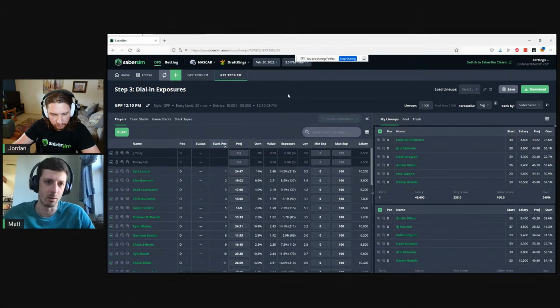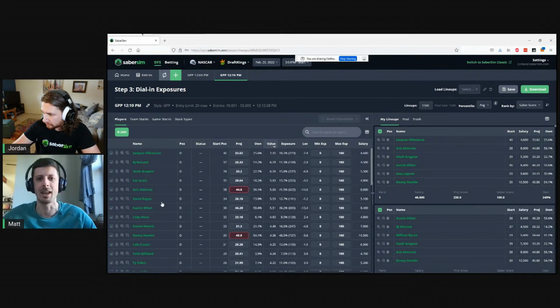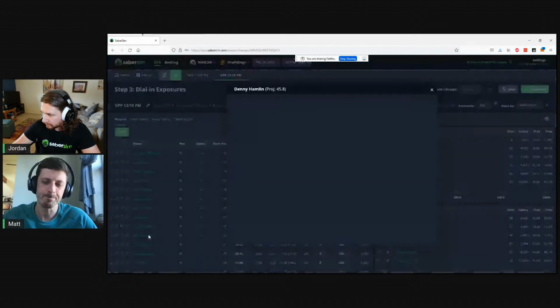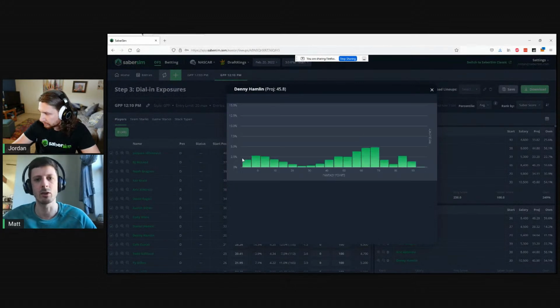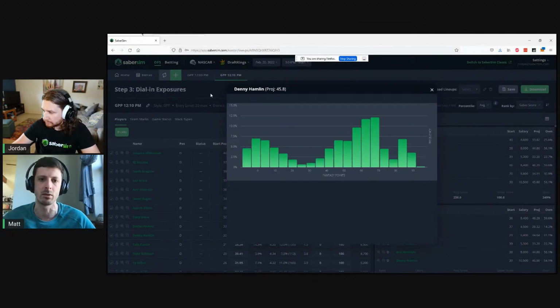A lot of it is a little bit of common sense. Especially if you know NASCAR, you've played NASCAR DFS, you kind of know that good drivers who start at the back are going to be good plays, guys like Hamlin. But if you look at Hamlin's distribution, there's still a high crash chance, and he ended up crashing. So I think it's a good way, especially to think about whether you should limit your exposure to someone.